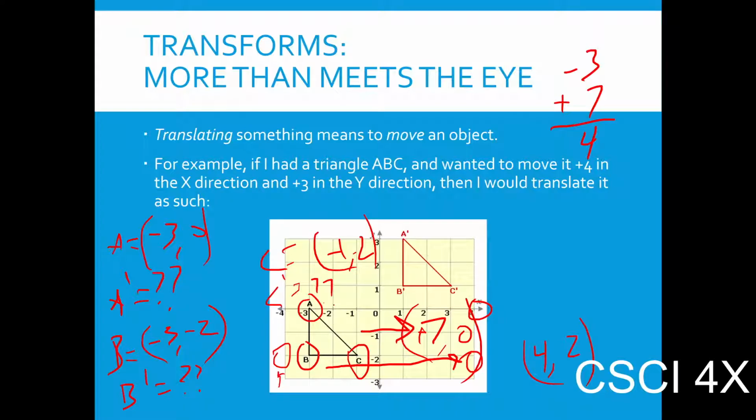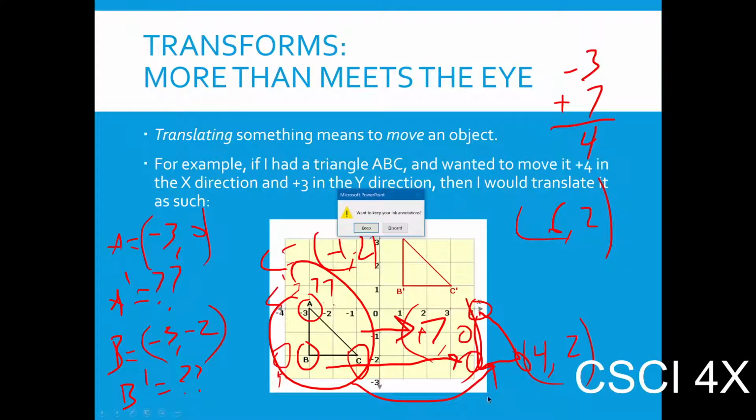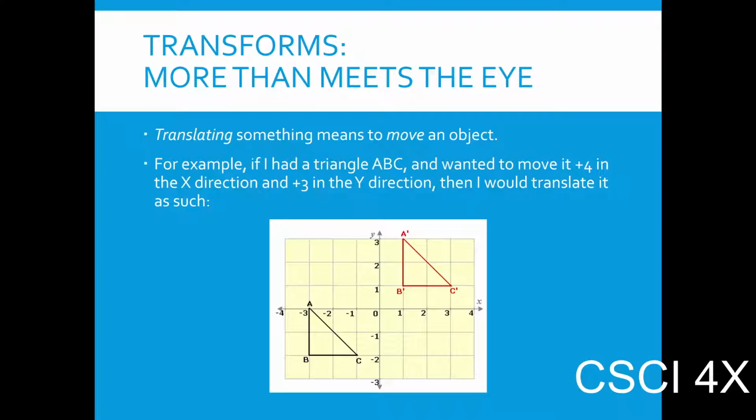Good. Yeah, it'll be at 6, -2, because -1 + 7 is 6. The y direction doesn't change. And so if I draw a little triangle here, you'll see the triangle move from here over to here. Okay. Very good, you guys got it.